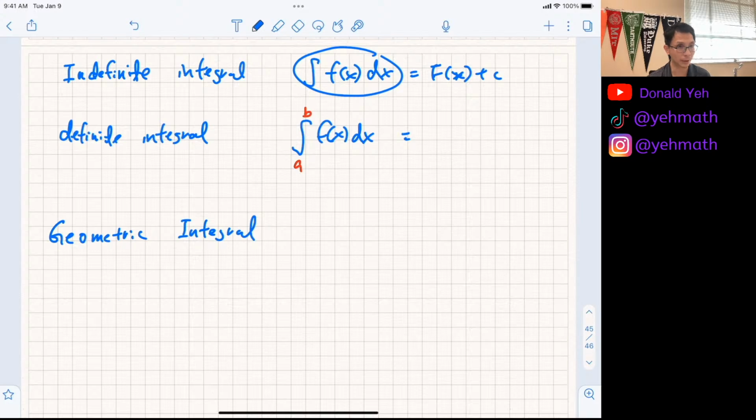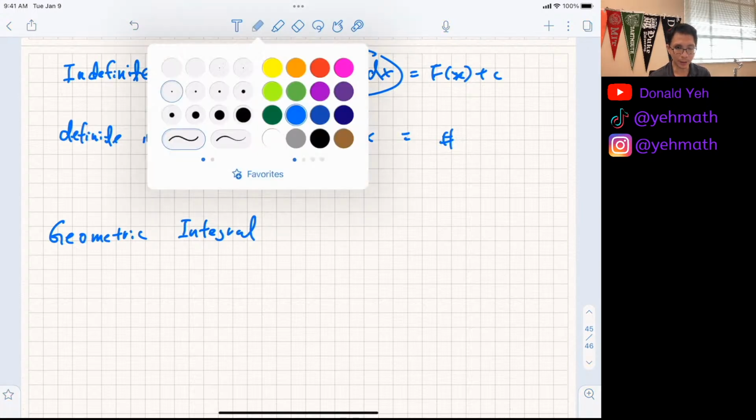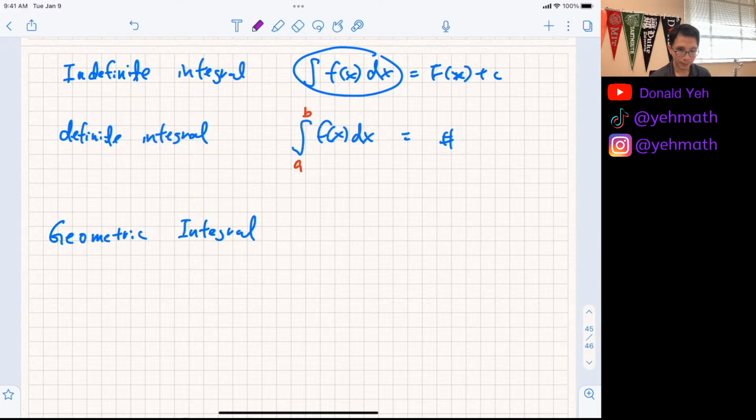You will get some type of number. The number could be 5, 10, 100, it doesn't matter. But why is it a number? Because the definite integral is the area under the curve between two boundaries.